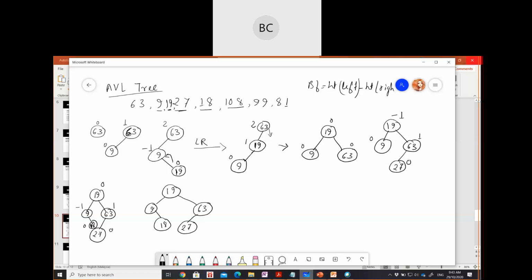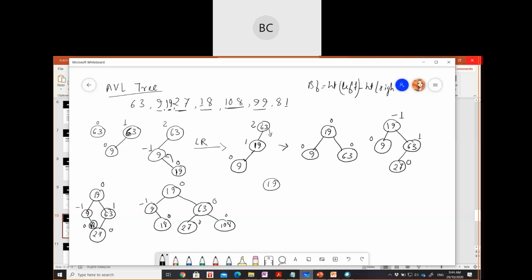Right of 63. Correct. I'll add 108 here. So again see the balance factor. What's the balance factor here? 2 minus 2, 0. For 9, minus 1, 0. For 63 is 0. 0 and 0. So no need to do anything. Correct.